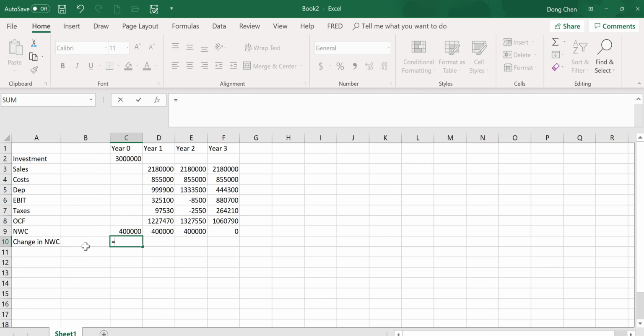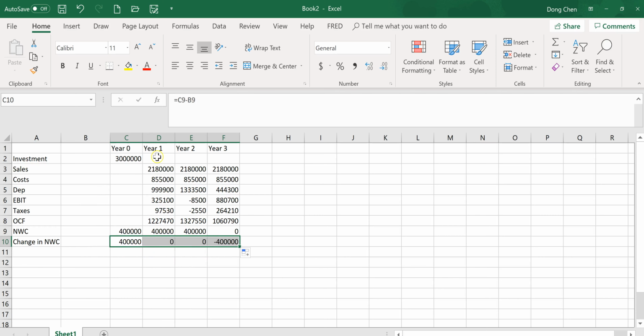So now I can do the change. The change for year 0's net working capital is year 0's minus this empty cell here. So it's going to be the same as year 0's. And then I can pull all the way to the right. And you can see why I add this column.